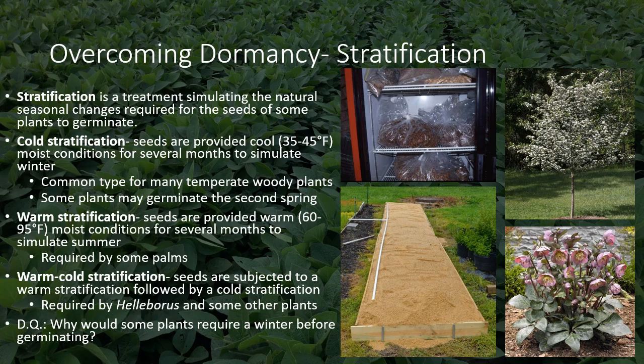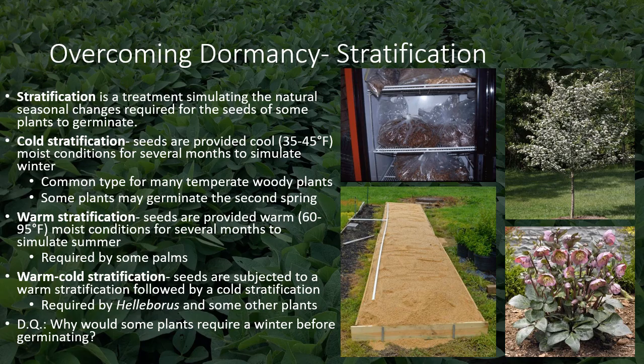And the reason they would require a winter is because the plant does not want its seeds to germinate immediately. If a robin or a waxwing bird shows up and eats a bunch of fruits off of the hawthorn tree and then poops the seeds out somewhere else, if they germinate in the middle of winter on maybe a warm, sunny winter day where it gets up to 60 degrees, if the seed decides, oh, it's good weather, I'm going to germinate, but it's the middle of January, and then the next day it gets down to negative 25, that seedling will die.